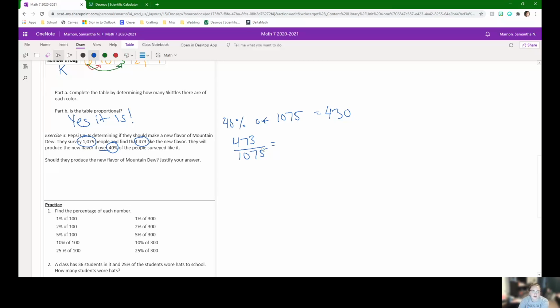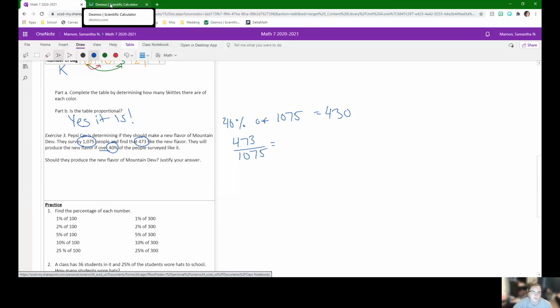But let's see if we can convert this 473 over 1,075 to a percent. So if you have the TI-34, you can just type in this fraction, hit the second button, the percent button, and then enter. But I don't have that on my computer to show you.